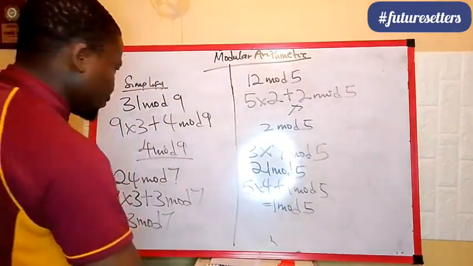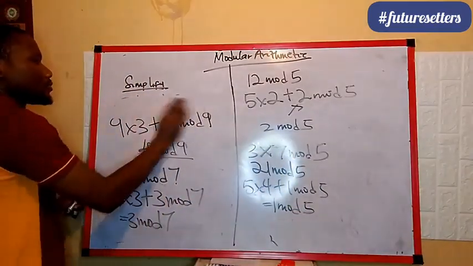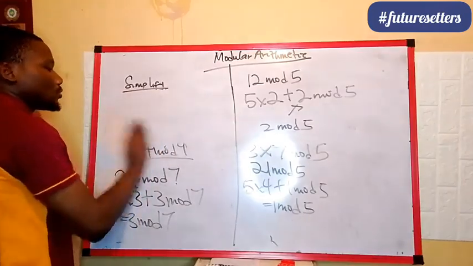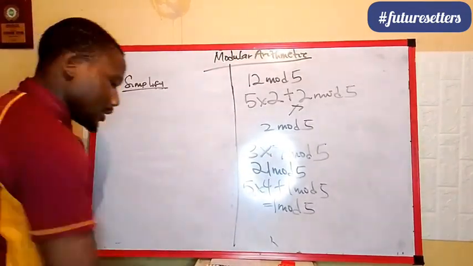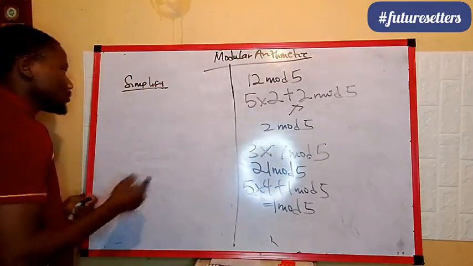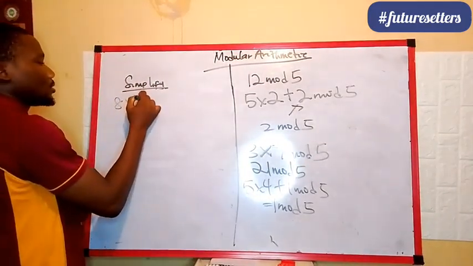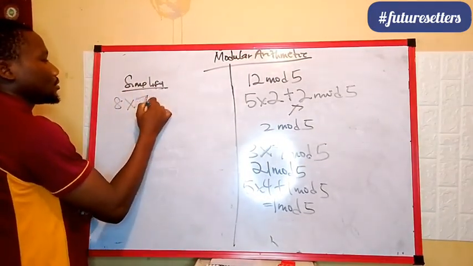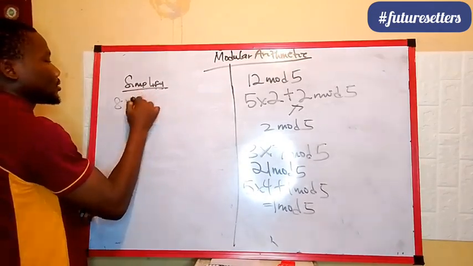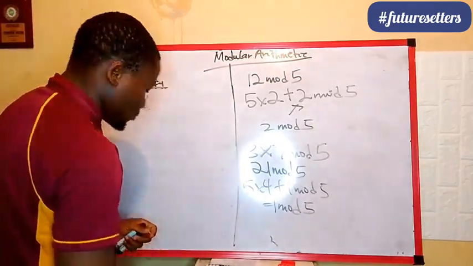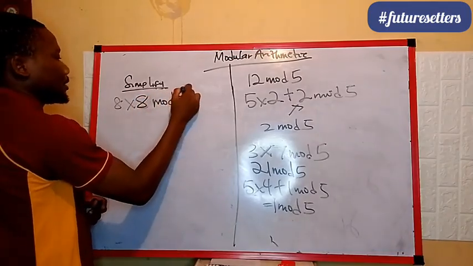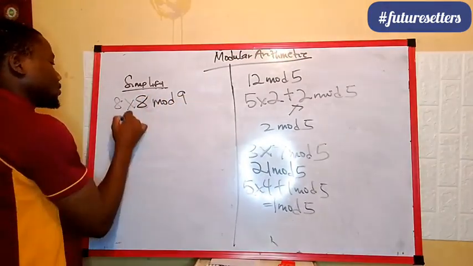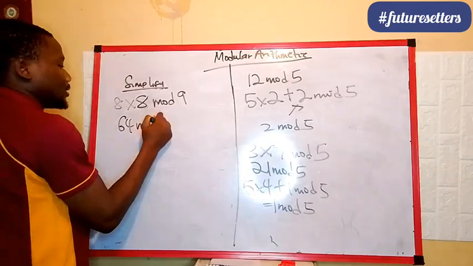So let's try another question again and see if we can check more questions together. Let's say we have 8 times 8 mod 9. 8 times 8 will give us 64 mod 9.